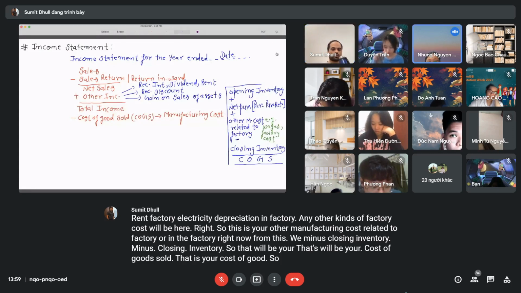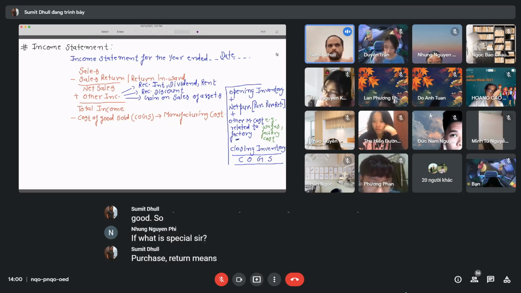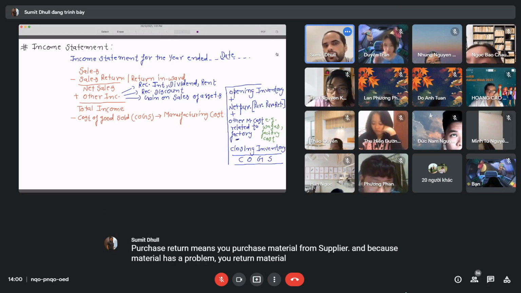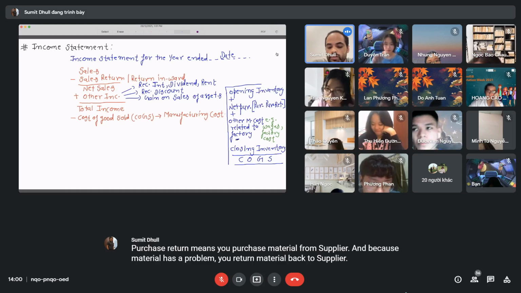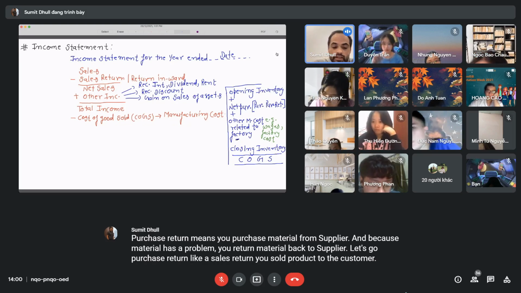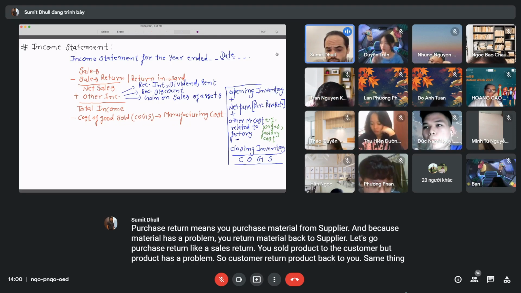Teacher, what is purchase return? Purchase return means you purchase material from supplier, and because material has a problem, you return material back to supplier. That's called purchase return. Like a sales return, you sold product to the customer, but product has a problem, so customer returns product back to you. Same thing happened to you.